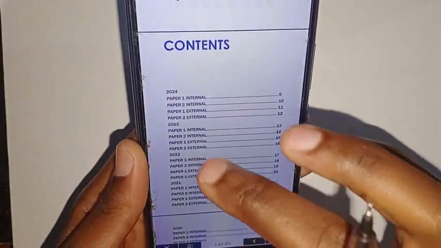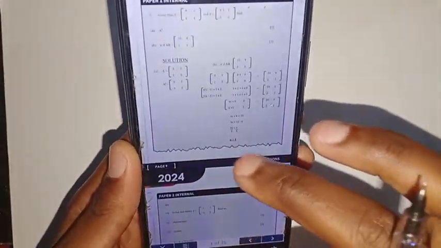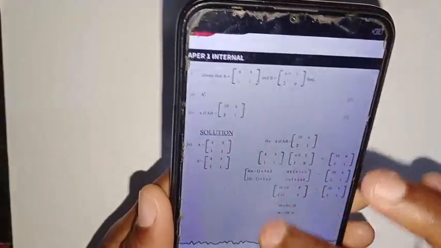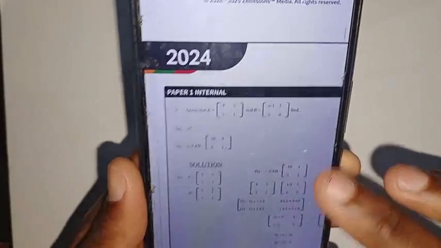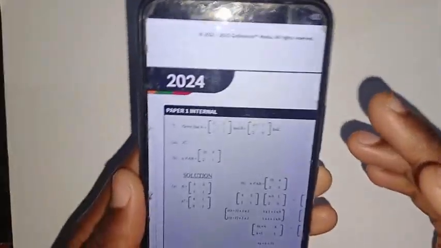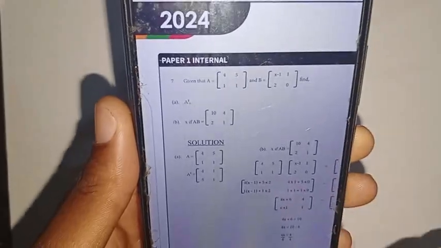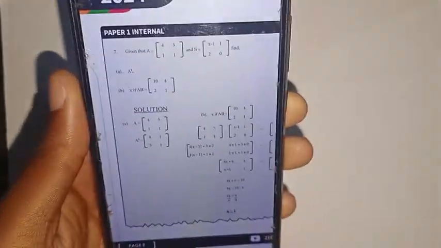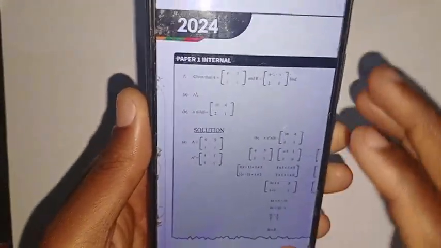In this video we are going to solve paper 1 of the 2024 exam. So we are going to look at this question right here. So let us begin by answering. I hope that you are able to see. I'm going to write the question real soon on this piece of paper.